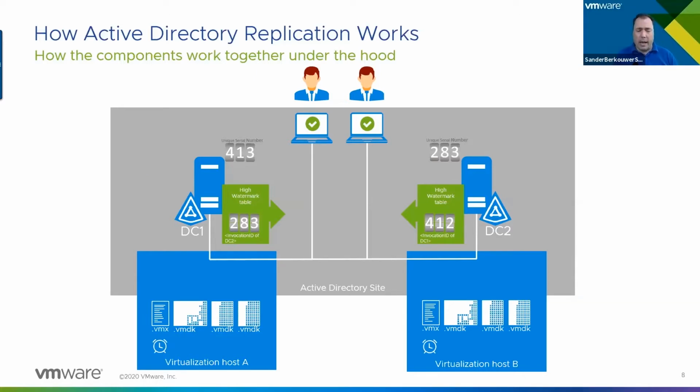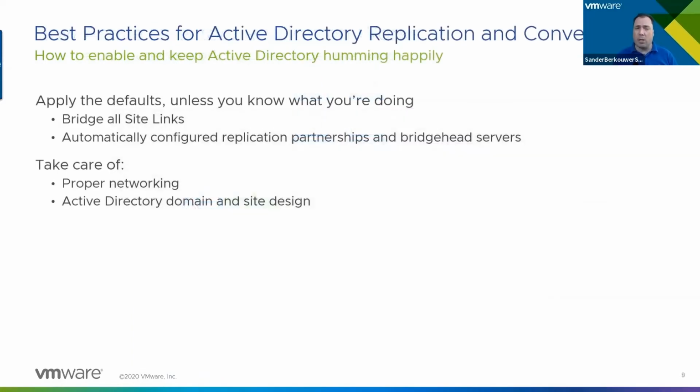And as we're talking about the Active Directory replication, and as we're sharing our best practices during this session, one of the best practices that we really want you to know about is that VMware really likes you to follow the guidelines that Microsoft has.